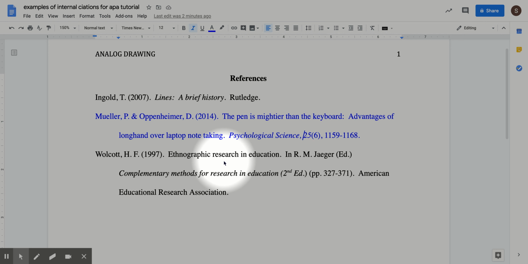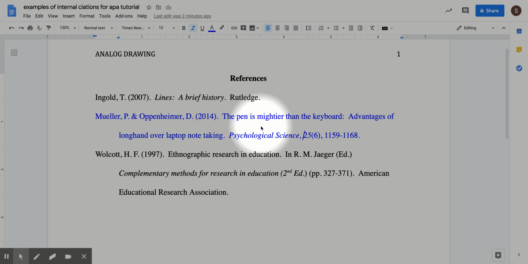That becomes important when we look at this journal article title because it's the same way. Psychological Science is the journal that the article is in, and The pen is mightier than the keyboard is the title of the article itself. So again, it's the smaller component of what I'm citing.